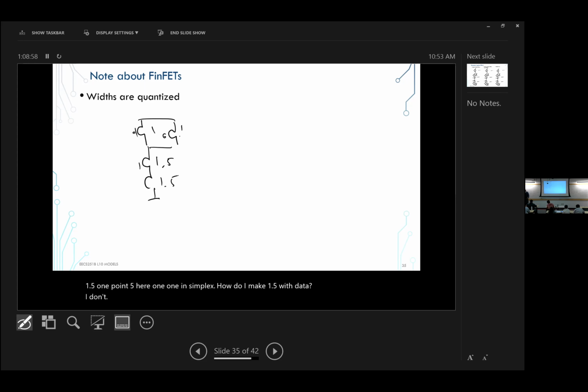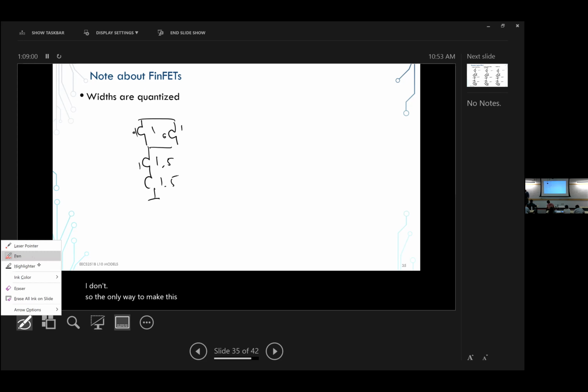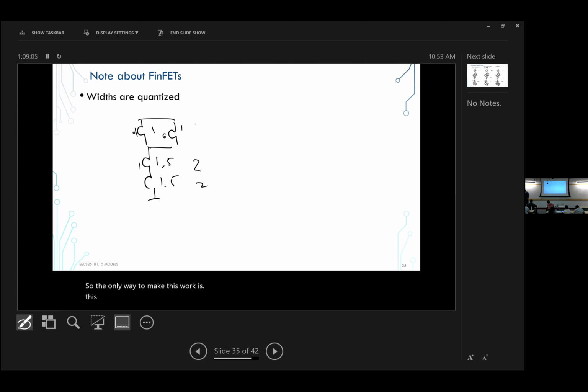So the only way to make this work is these would be 2 and these would be 3. Oh, sorry, I did it wrong. These would be 3s and these would be 2s. Okay, so it has to be always an integer, and we're going to have these ratios 2 to 3.